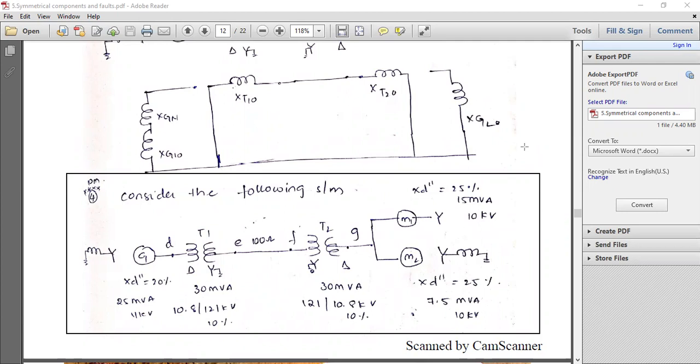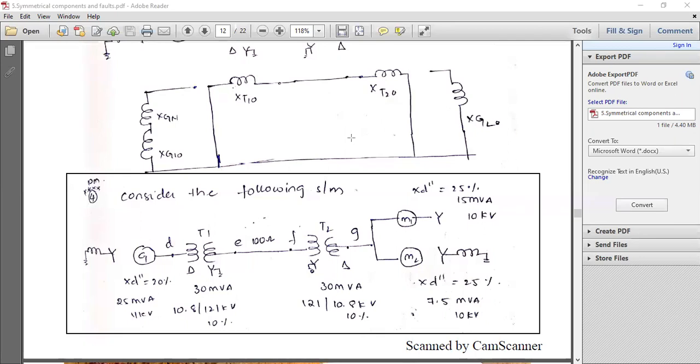Here the generator is connected to the transformer, and the transformer connection is already given. The primary winding of the first transformer is delta, and the secondary winding is star connected with neutral grounded. That is connected in series via the transmission line with transformer 2.